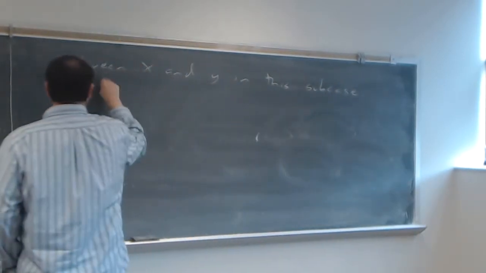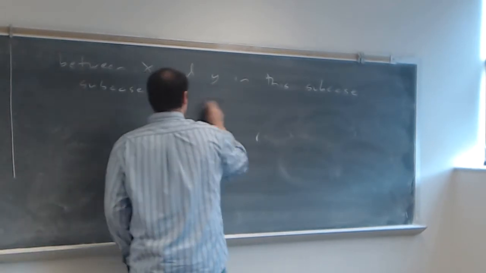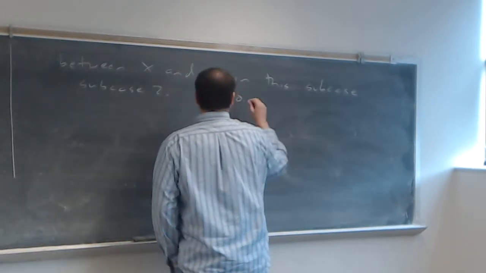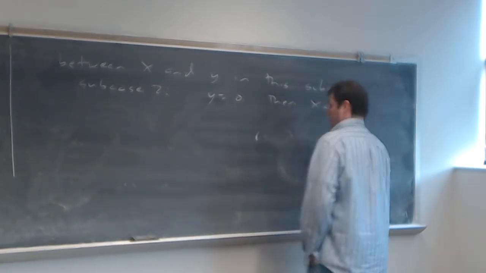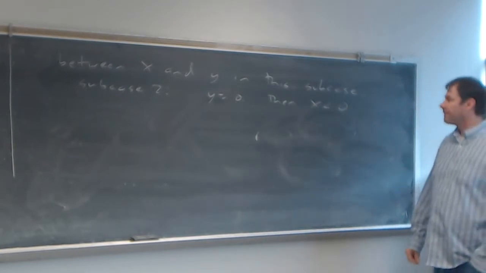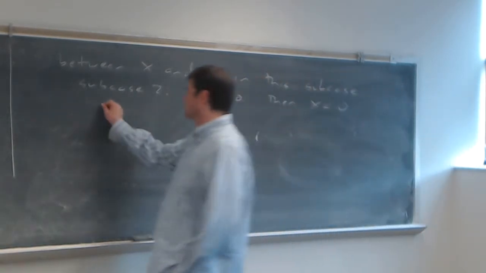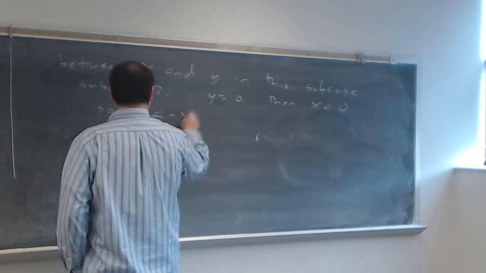Subcase 2. Let's say we're talking about y. What if y is equal to 0? Then we have x is less than 0. Okay, this is y. So, if you will, that means that 0 is less than minus x.